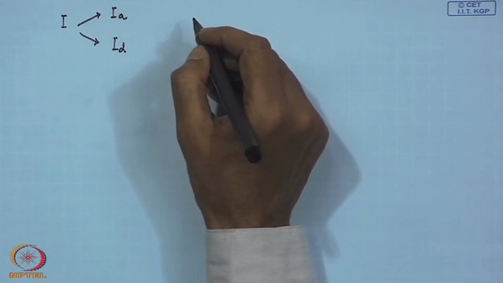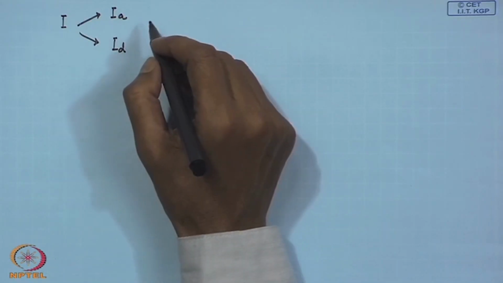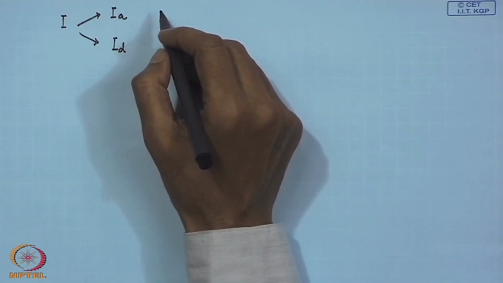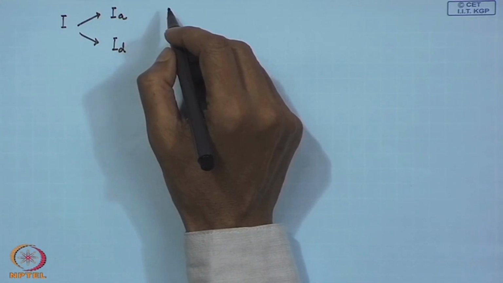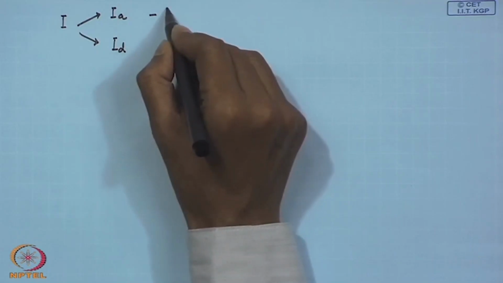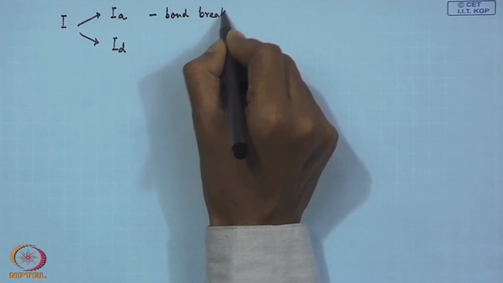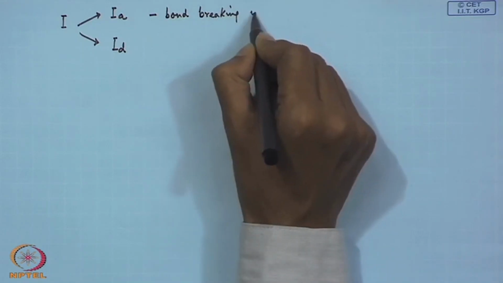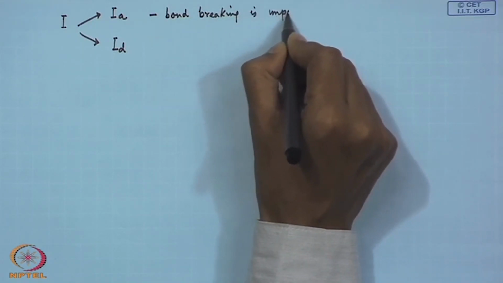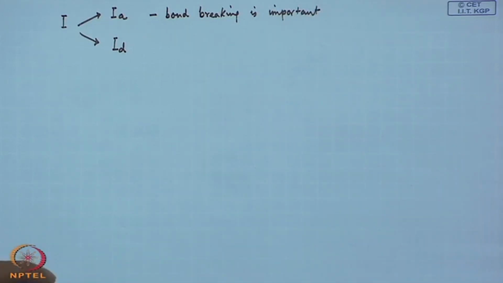So, the dissociative interchange and the associative interchange. The associative interchange takes place if the breaking of the bond between the leaving ligand and the metal is important. So, bond breaking is important in this particular case.